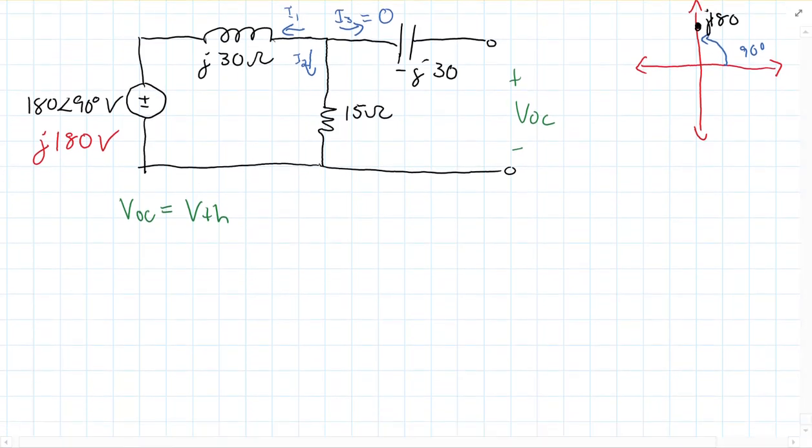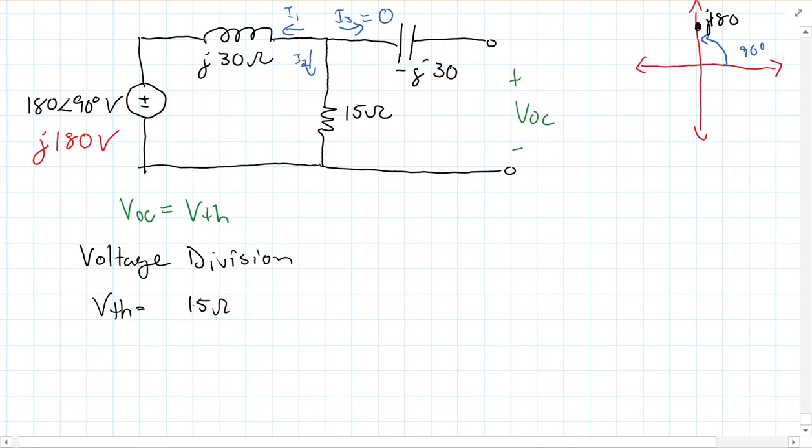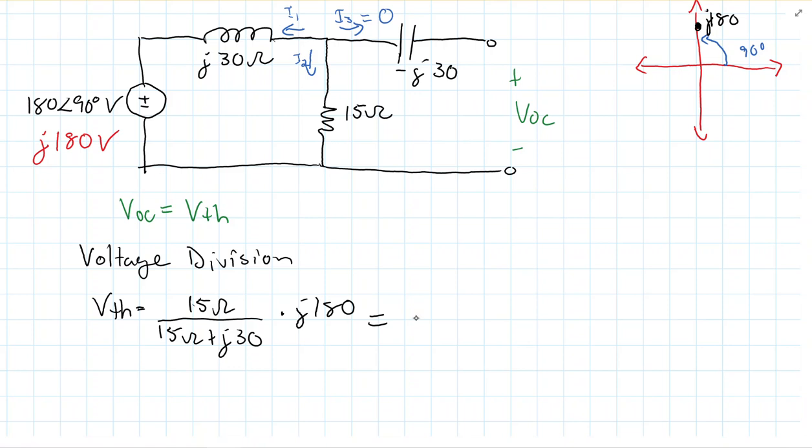And so using voltage division, we get that V Thevenin is equal to 15 ohms over 15 ohms plus J30 times J180. So now we just have to do that computation, and we get 72 plus J36.